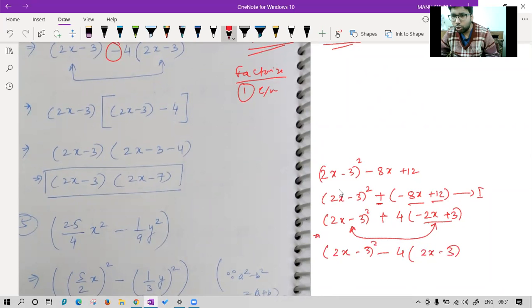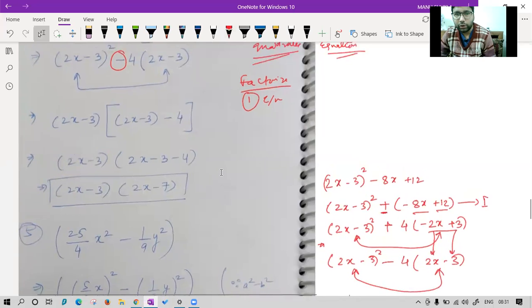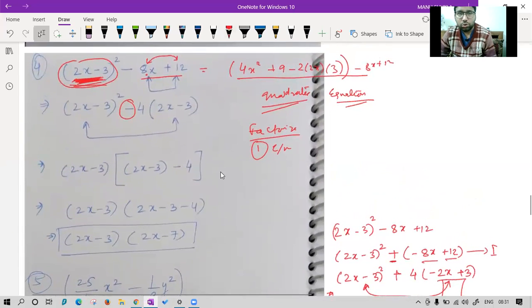So earlier 2x was negative, now it is positive. Earlier 3 was positive, now it is negative. This is the way, and now you can find these two are the same things. You can take it common and find the answer. So you can see how by taking common we have avoided this expansion of whole square.